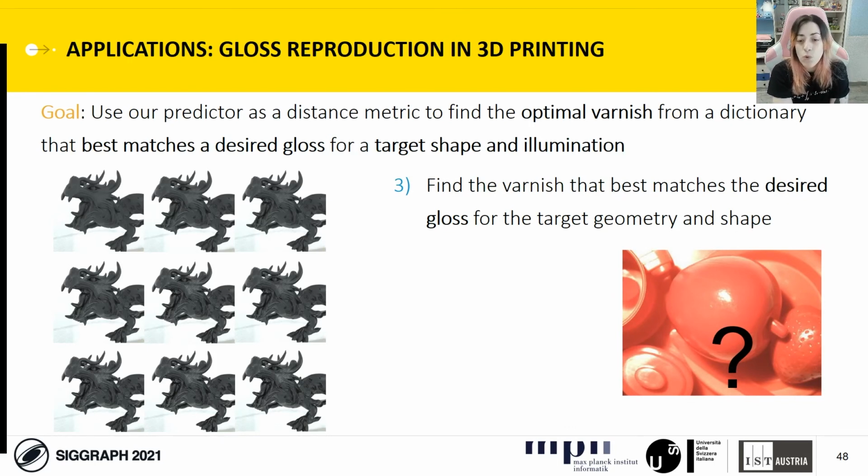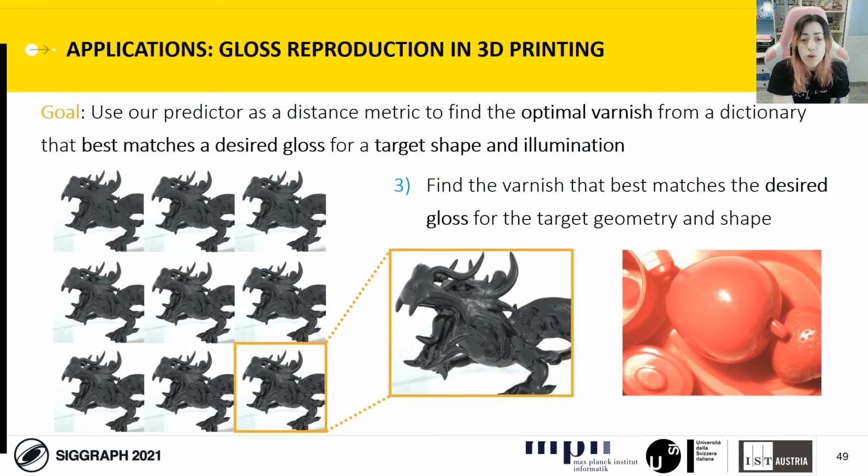In this case, we want to print and varnish a dragon that looks as glossy as the red plastic toys on the right image. So we use our predictor as a distance metric, and we compute the glossiness of the image on the right and search for the varnish in our collection that looks as close as possible in terms of gloss.